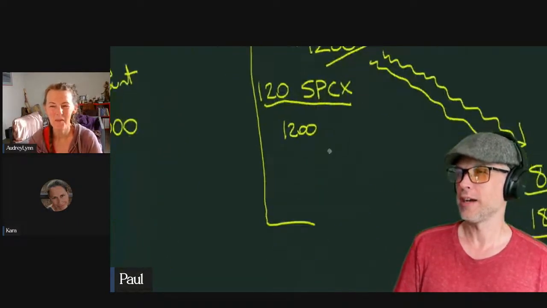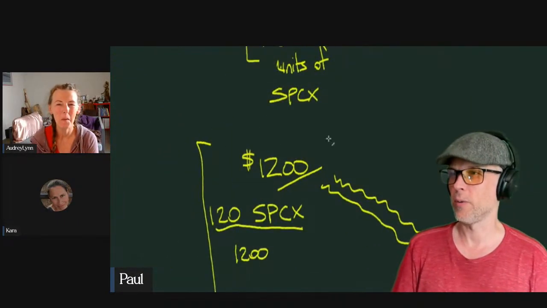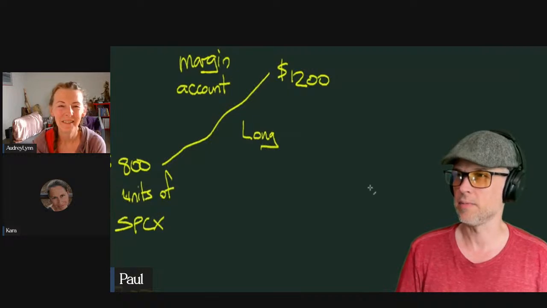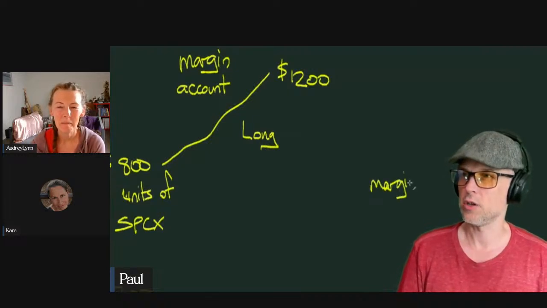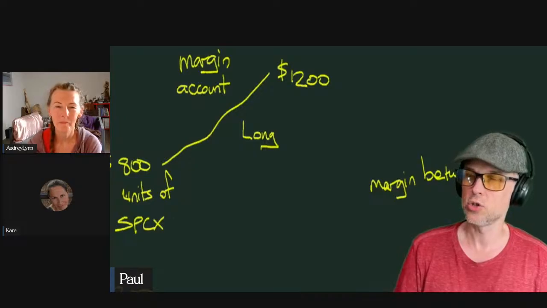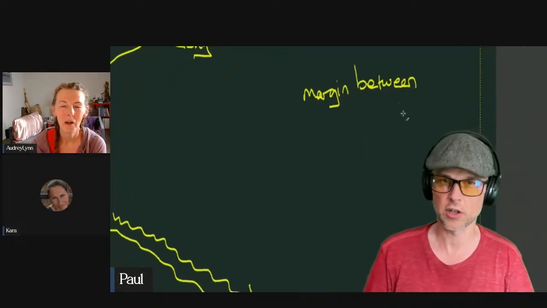Okay, let's go back to the margin account. I see where I'm missing it. So let's go back to the margin account. A margin account is denominated differently. It's a margin between the two forms of equity that you're looking to trade with.